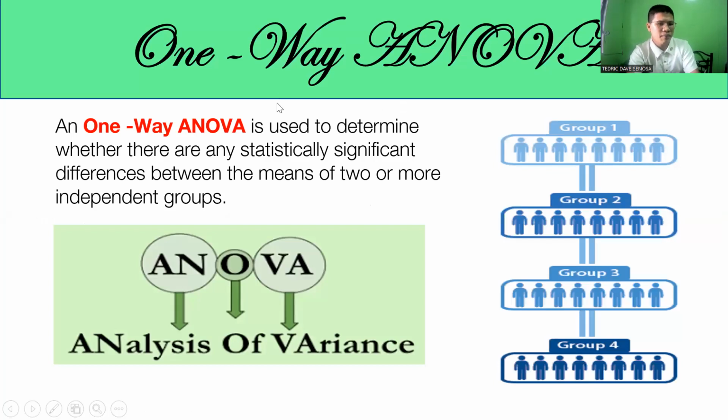Kasi may mamangkot kam ha? So this is to determine whether there are statistically significant differences of means for two or more independent groups. Actually, ANOVA can also be used for two, but preferably for researchers, especially us, together with the other PTs, we use three or more for this one.